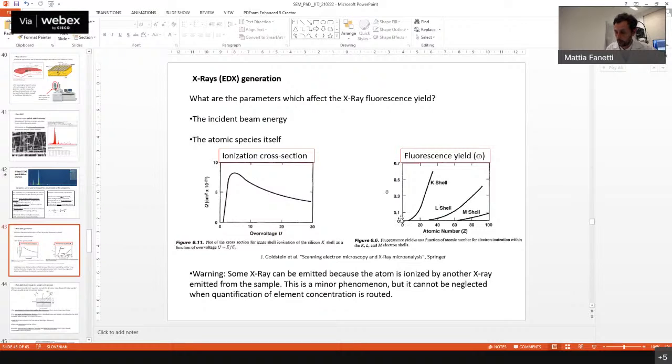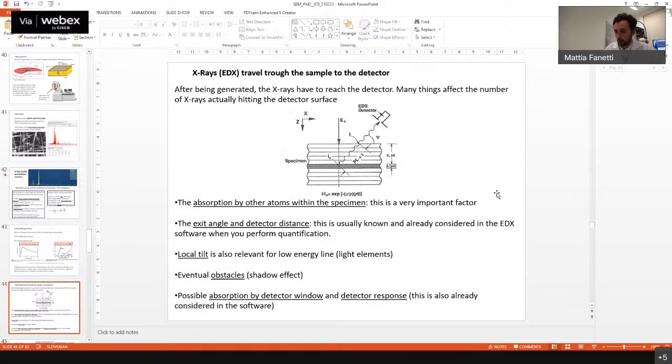And this depends on the atom. As I said, the higher you go with the Z, the higher is the probability for an X-ray emission, and the smaller is the probability of the Auger transition, and vice versa. Then you also have to consider many other factors.